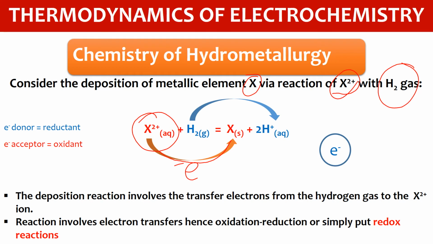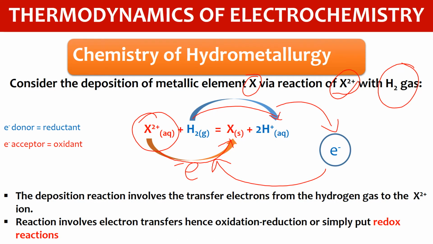It's being reduced to form a solid. And what's happening to hydrogen? As it forms hydrogen ions, it's releasing electrons, and these electrons are the ones being used by the metal element to be reduced from the aqueous state into the solid state.